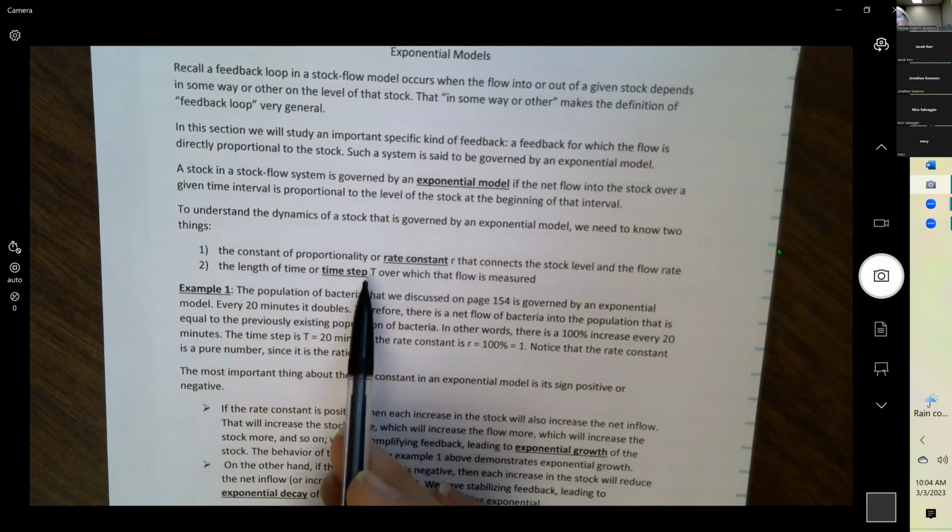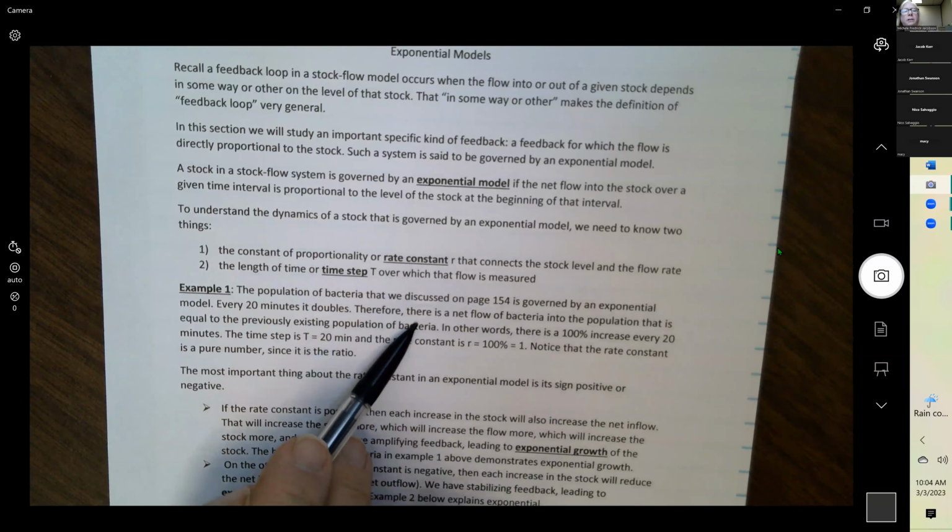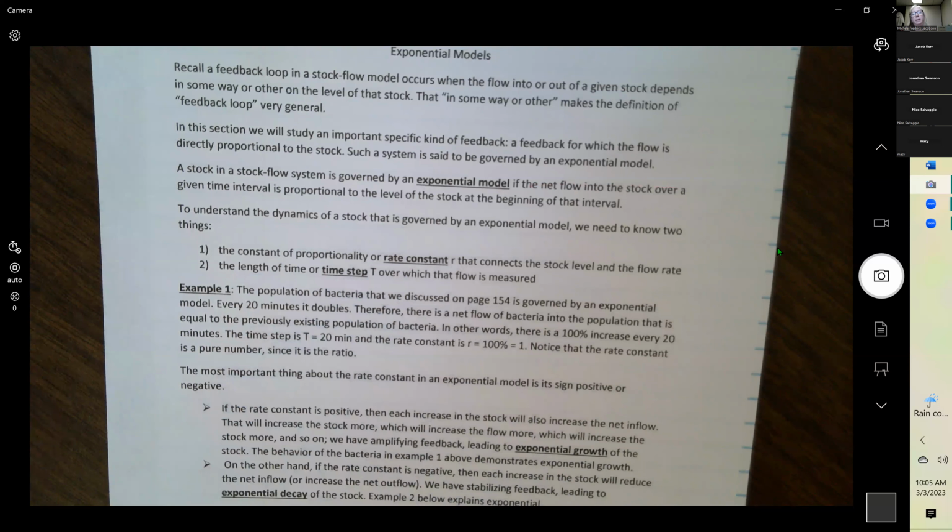And this is a little easier to see. Well, I think this example explains it too. But the time step is how often it's growing. Most of them will be yearly or per hour. But there are a lot of interest rate problems here, and when you're growing an interest rate, it's usually quarterly, which is 4 times a year, or monthly, 12 times a year.